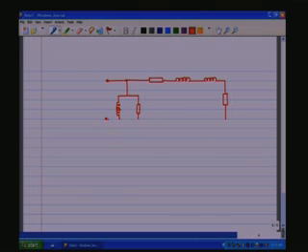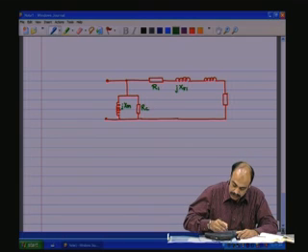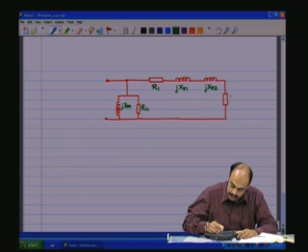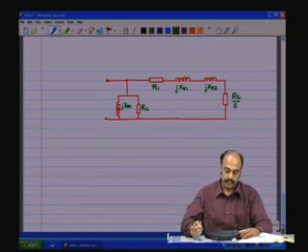So this is the equivalent circuit of the induction motor. This is JXM, this is RC, this is R1, the stator resistance, this is jX sigma 1, the stator side leakage reactance, the rotor side leakage reactance, and this is R2 by S, the effective rotor resistance, which is dependent on the slip.